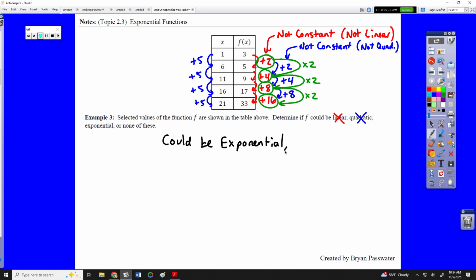Because the output values have a constant multiplication-based pattern.